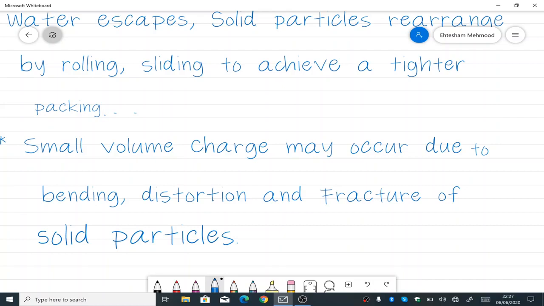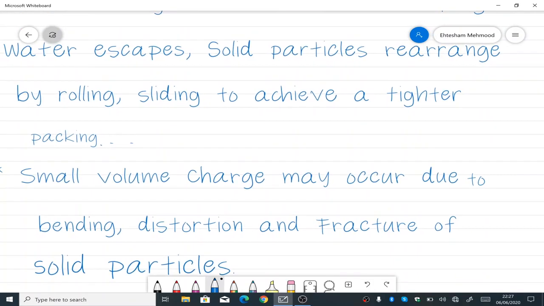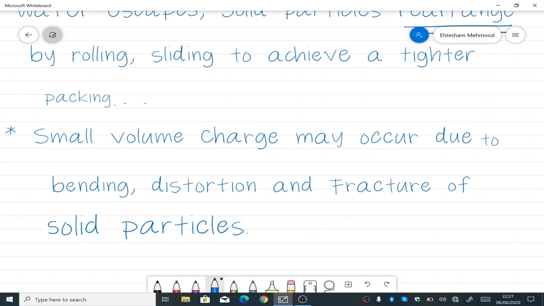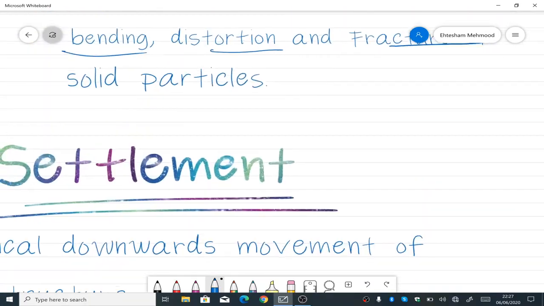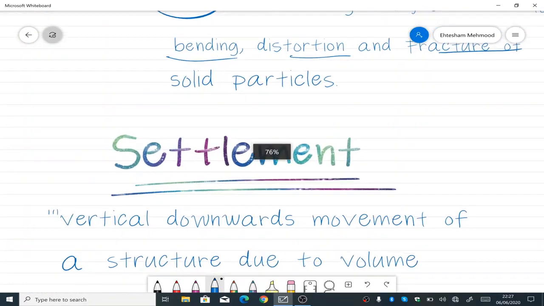Soil volume change may also occur due to bending, distortion, and fracture of the solid particles. The main reason is the water moving out and soil rearrangement, which we have already seen, but there can also be a small amount of volume change due to the distortion, fracture, or bending of the soil particles themselves.